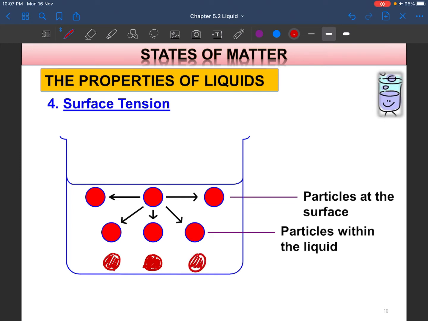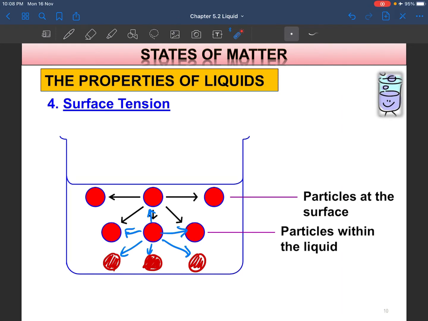Okay, so dia kata tadi water molecule yang dekat tengah ni, dia akan merasai attraction dari semua arah. Okay, so this water molecule attracted to this water, attracted to this, that. Okay, semualah. Okay, so water molecule yang tengah merasai attraction dari semua arah.